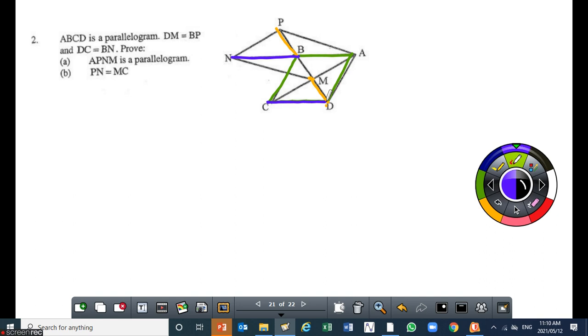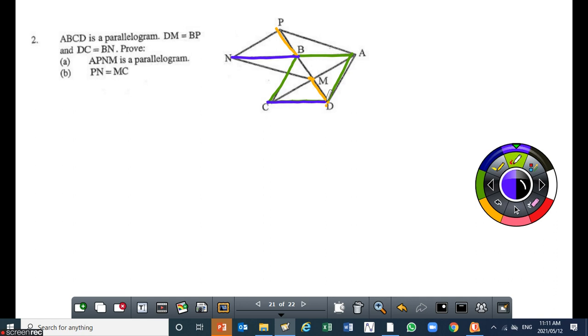Now I want you to be aware that geometry is not difficult. First, know your concepts in terms of properties of parallelograms, the geometry of straight lines, your triangles. And you need to have a strategy as to how you approach a question. If you don't have a strategy, then you have problems trying to answer the question.